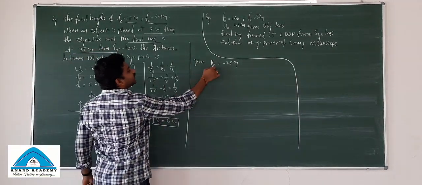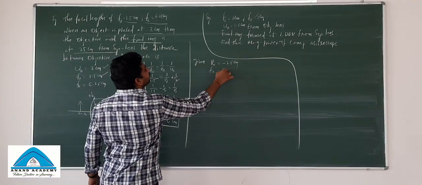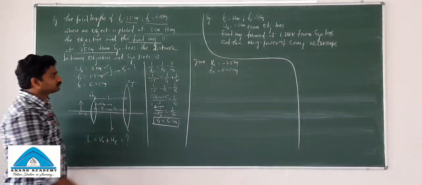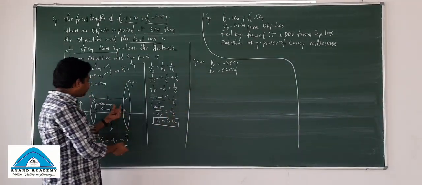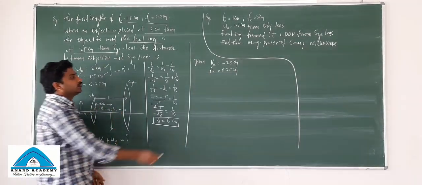Now, the focal length of the eyepiece is already given, which is 6.25 centimeters. Right? Now, you can find UE. Let's see how much is UE.